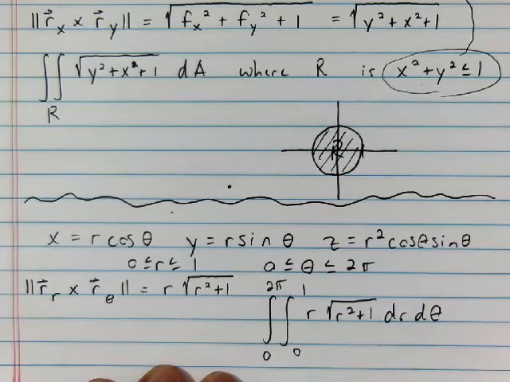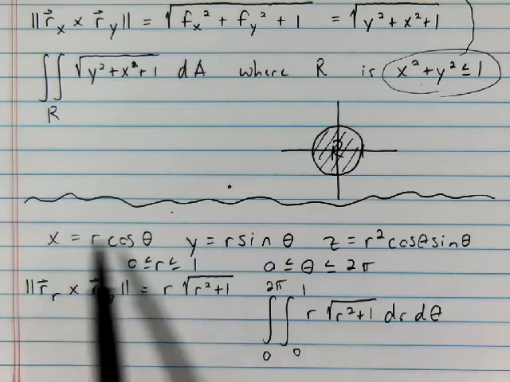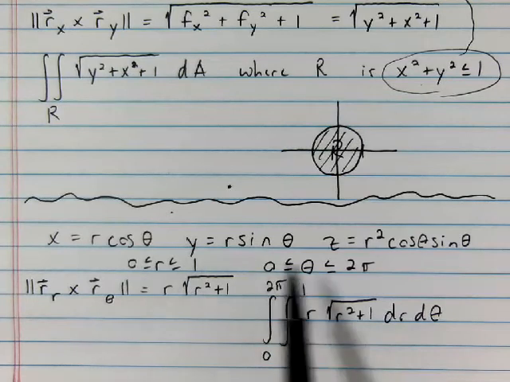Notice I did not tack an r on back here at the back. That r right there came from this. So when you do a polar parameterization, you don't tack on an r in your integral down here, because it's not a polar integral. It just looks like a polar integral because we used a polar parameterization.